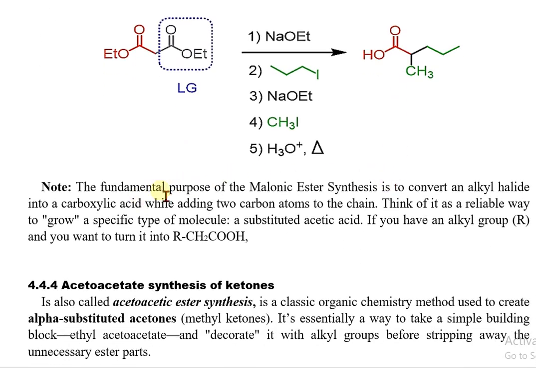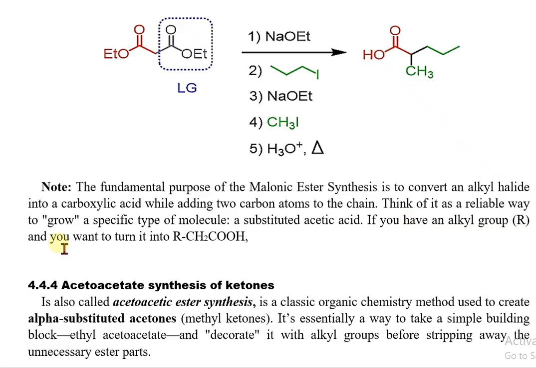So the fundamental process of the malonic ester synthesis is to convert the alkyl halide into carboxylic acid. We convert the alkyl halide to the carboxylic acid while adding two carbon atoms to the chain. Think of it as a reliable way to grow specific types of molecules, substituted acetic acids.